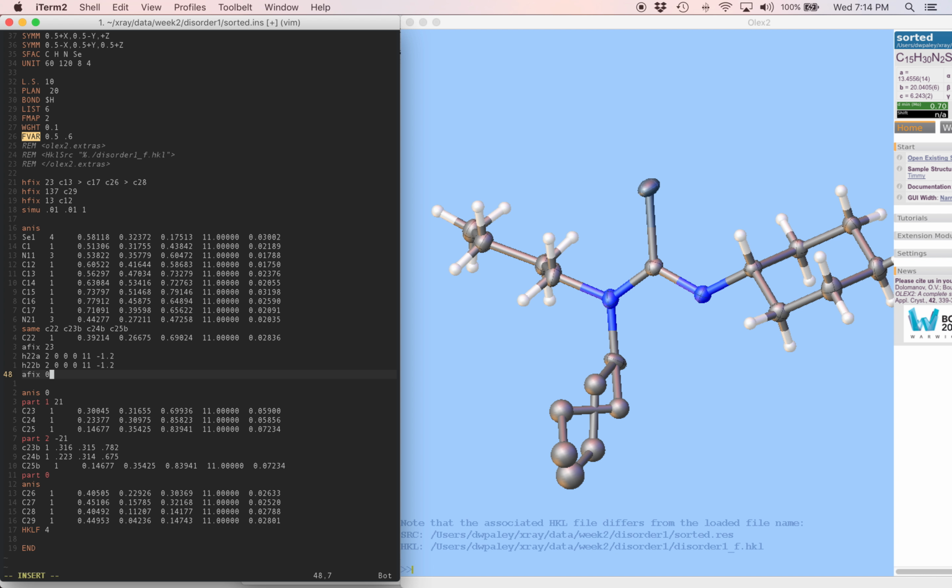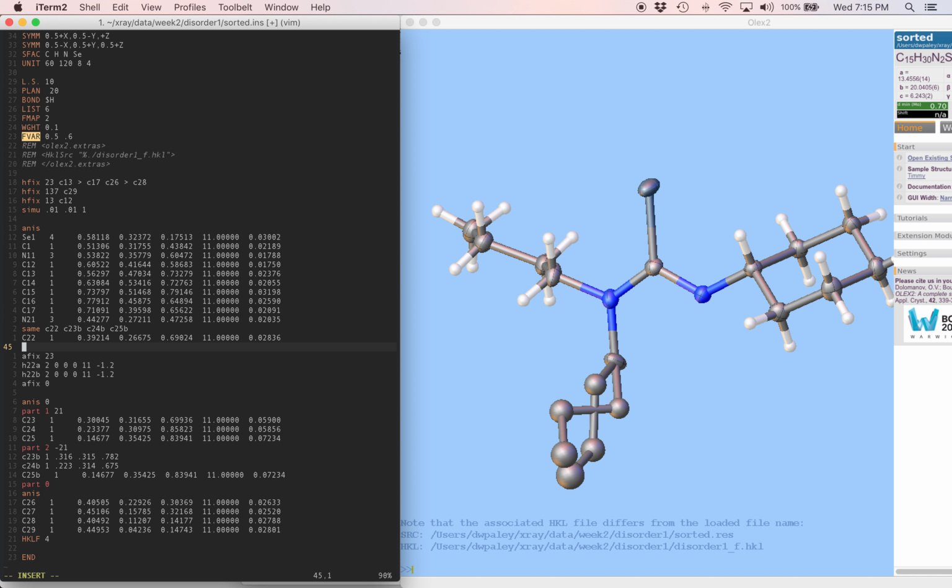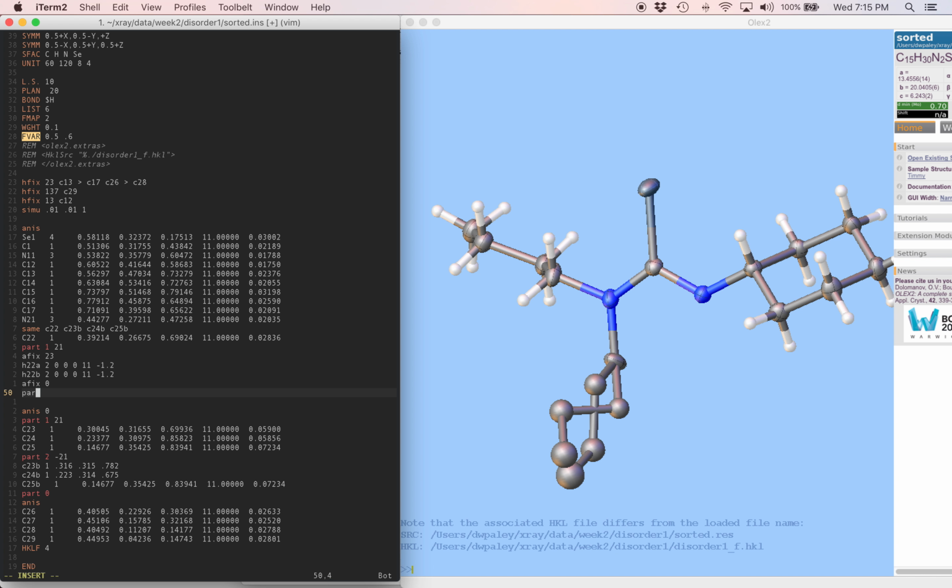I'm going to make a second hydrogen, same as the first one, but a different name. And after that, I put an AFIX 0. Oh, I forgot the whole thing we were doing here. These first two hydrogens are in part 1, and they're going to have the same occupancy as the rest of the first disordered chain, which is 21. Okay. Now we'll switch over to part 2.